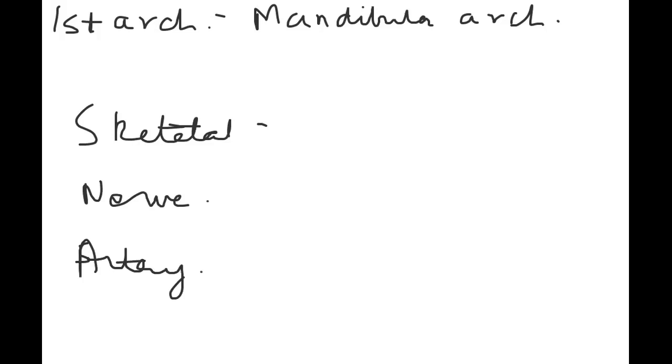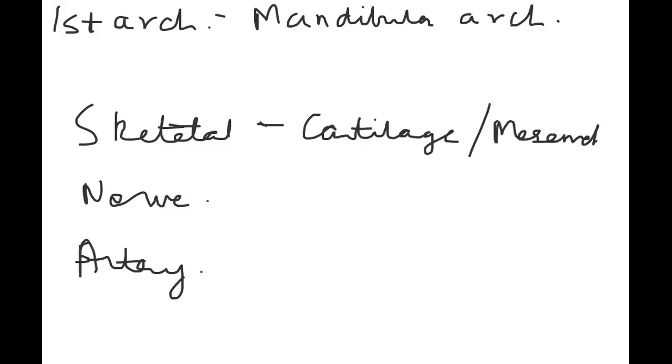The skeletal component may be cartilage or mesenchyme. We won't be talking much about the artery since it is not of much relevance to what we are discussing today. In future, in one of the topics, we might discuss the artery as well.